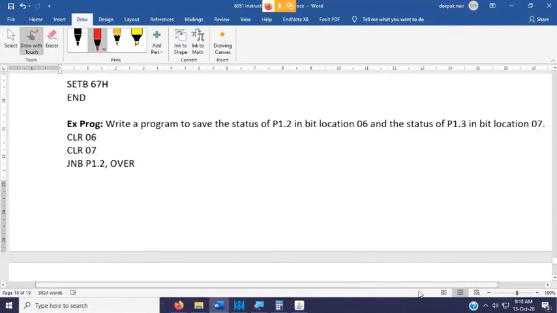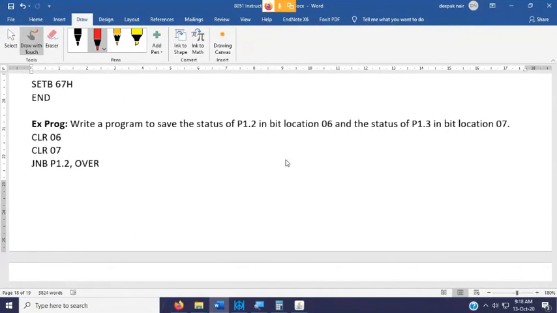Now, what is this? Write a program to save the status of port 1.2 in bit location 06 and the status of port 1.3 in bit location 07. You can just write this program, no issues.